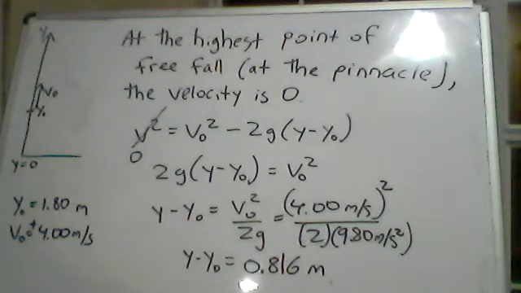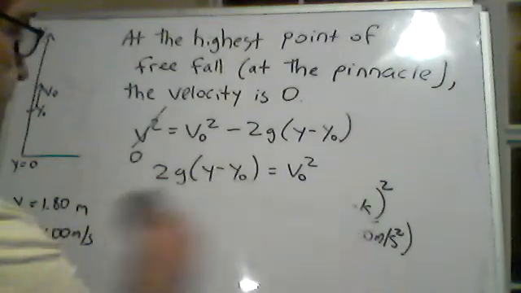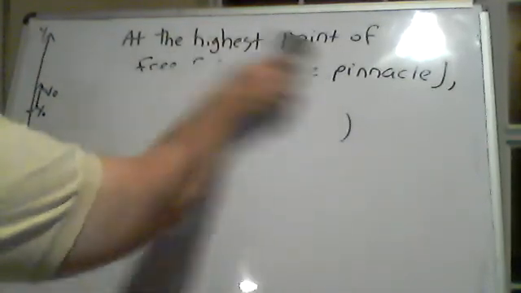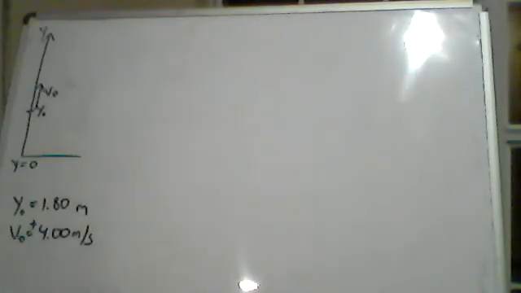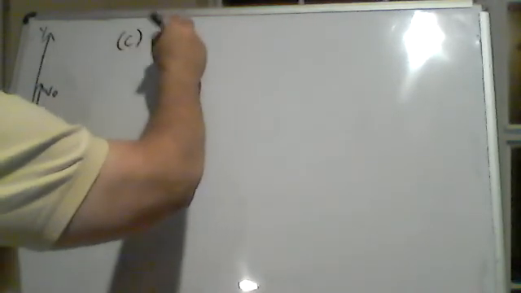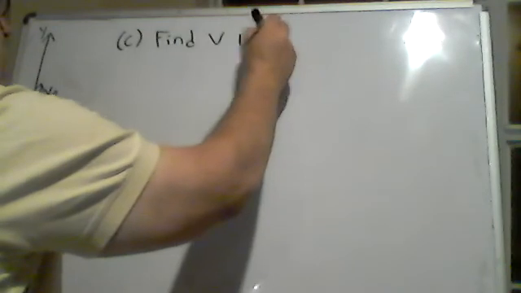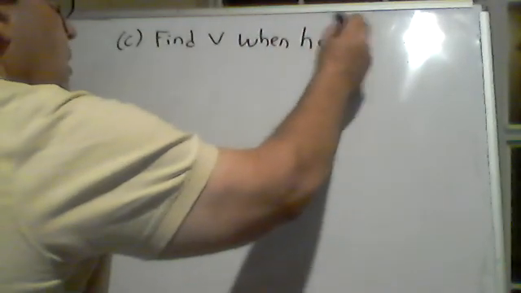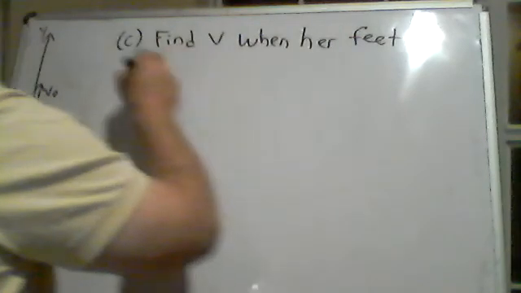Okay, one more problem to do in this, and that is we want to find out what is her velocity when her feet hit the water. What's nice is that I can actually now use a previous result to help me do this. All right, so I'm going to erase this now. I want to find out what her final velocity is before she hits the water. So part C says I want to find v when her feet strike the water.